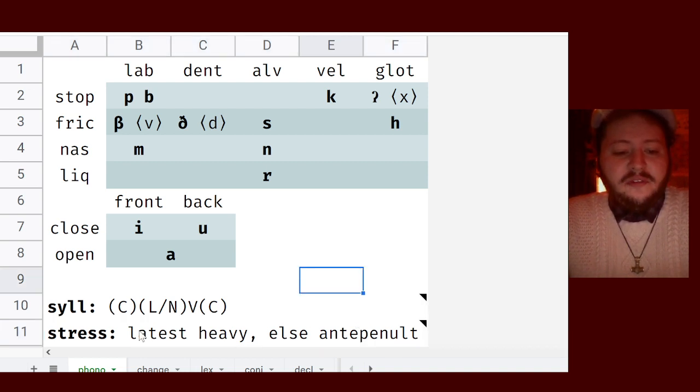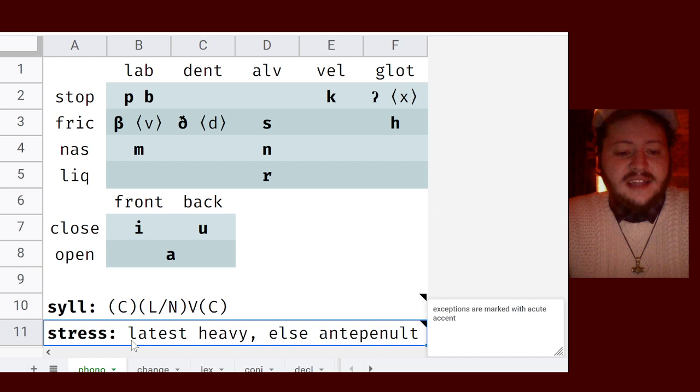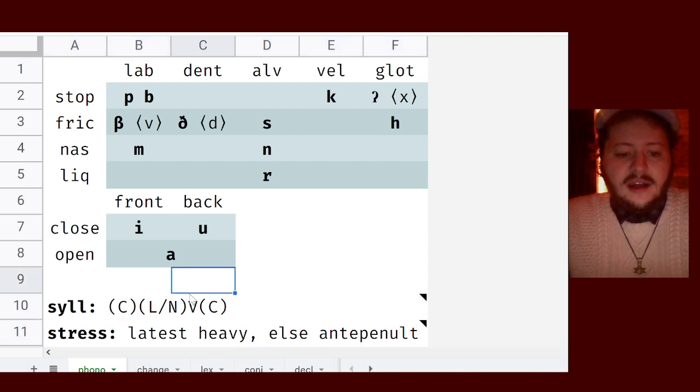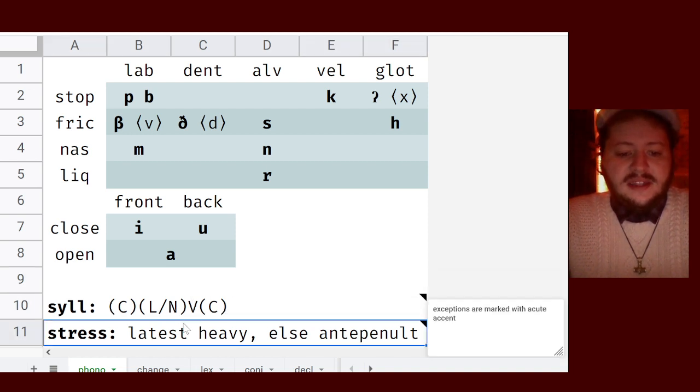And then here for stress, I just kind of say what the stress is. Stress goes on the final heaviest syllable. Heavy syllable means either it has 2 moras in that it has two vowels, so it's I or ow, or if it has a consonant at the end of the syllable, then it's heavy.